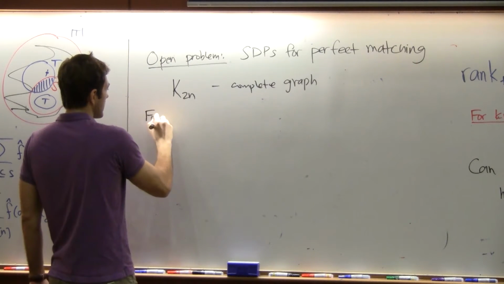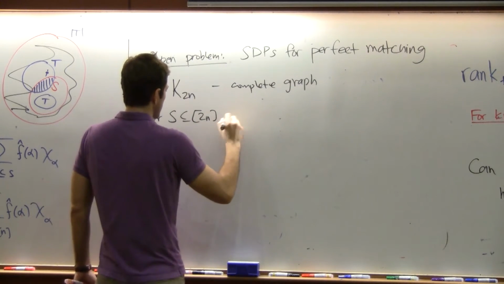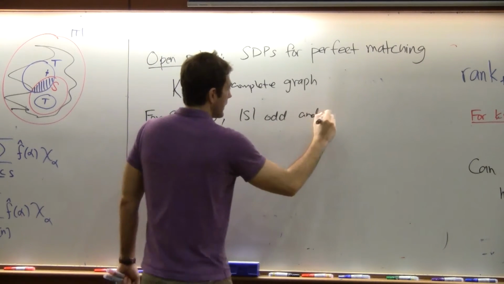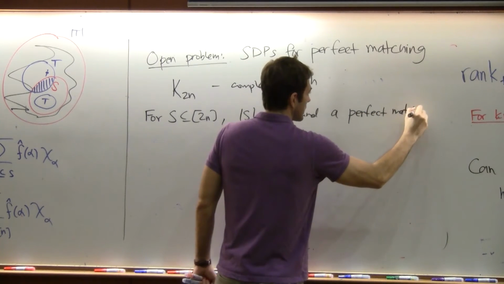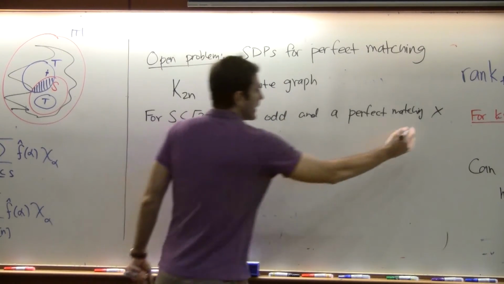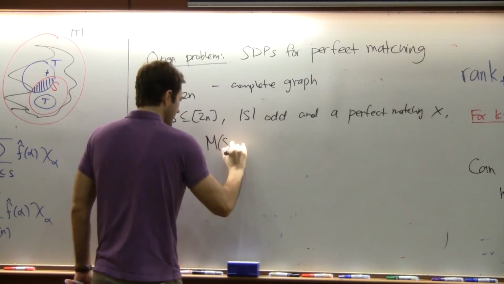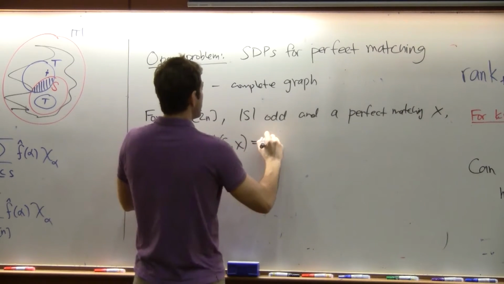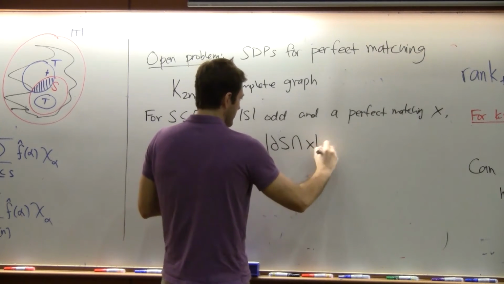For a subset S of 1 up to 2n of odd size and a perfect matching X, so we have 2 inputs, a set and a perfect matching, define M at S, X to just be the number of edges of the matching crossing S minus 1. So it's like the boundary of S intersected with X, minus 1.